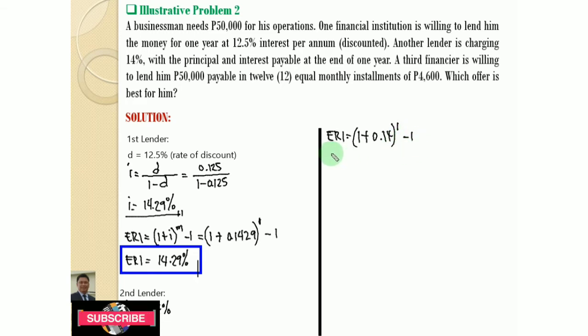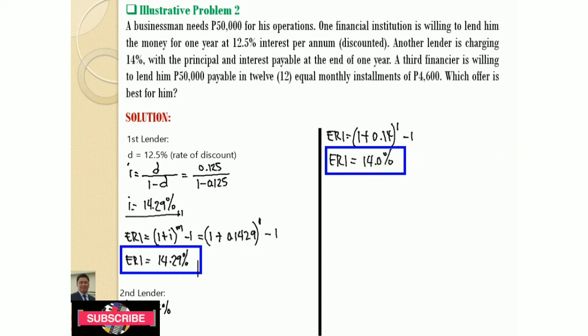So we have our ERI equal to 14%. So we are done with the second lender. Our first lender is 14.29% and our second lender is only about 14%.